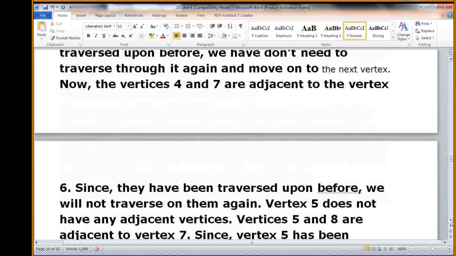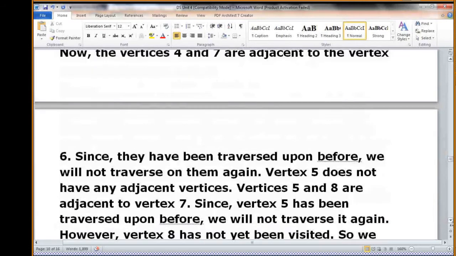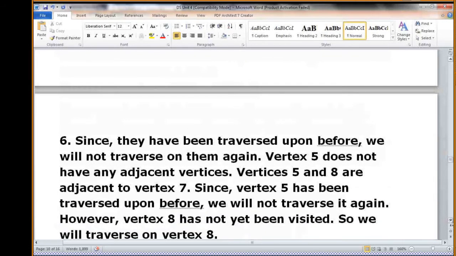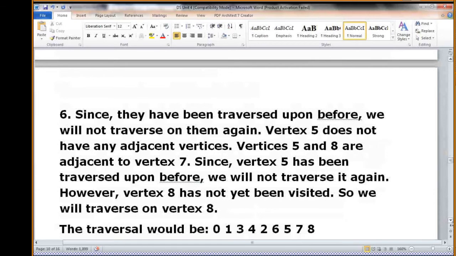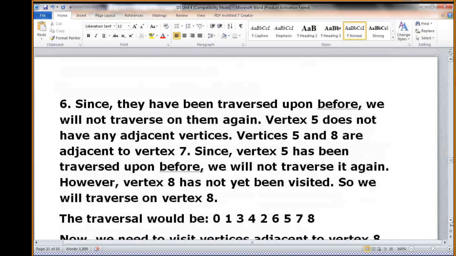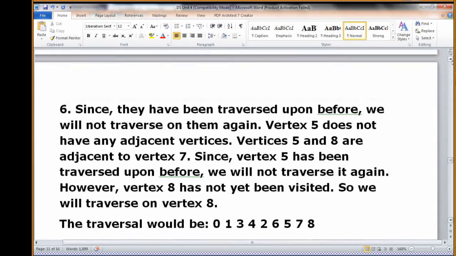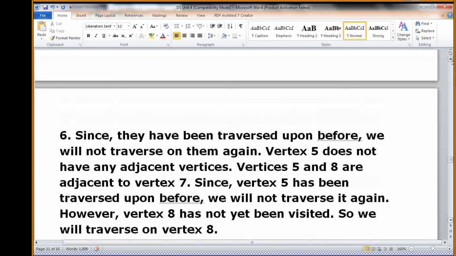You have to write like this. So completely 0, 1, 3, 4, 2, 6, 5, 7, 8.